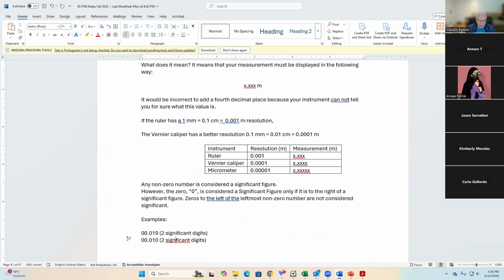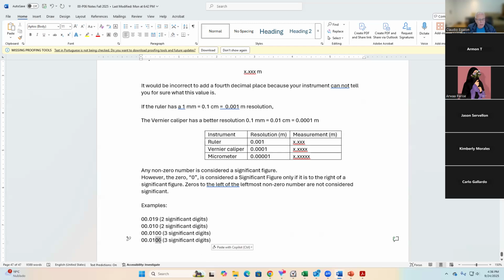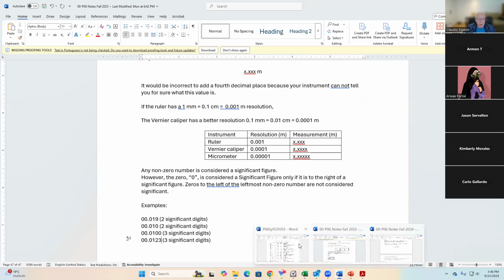And here you go. 0.100. Now we have 3 significant digits. 1, 2, 3. Those are examples. And we're talking just about measurements. We're not talking about results yet.